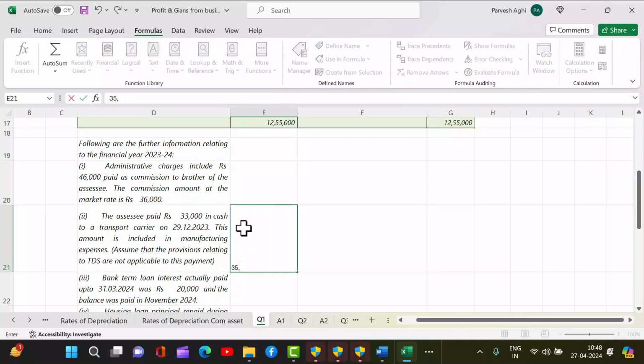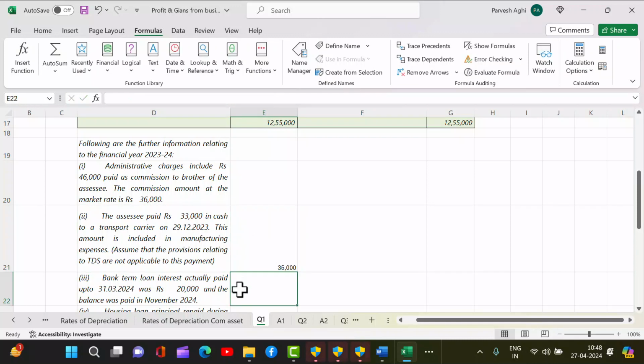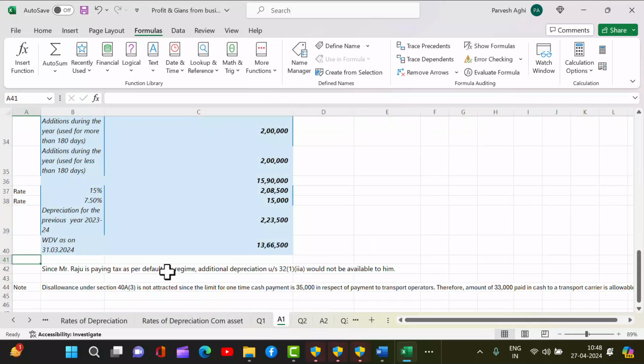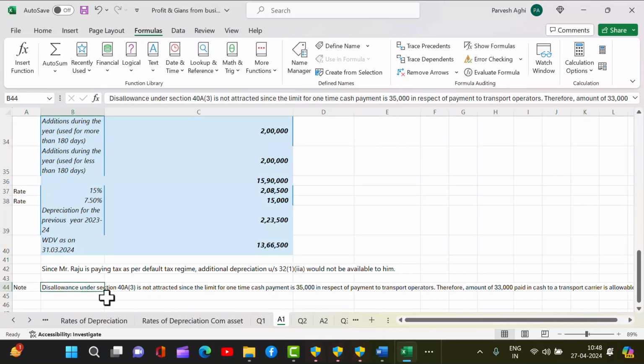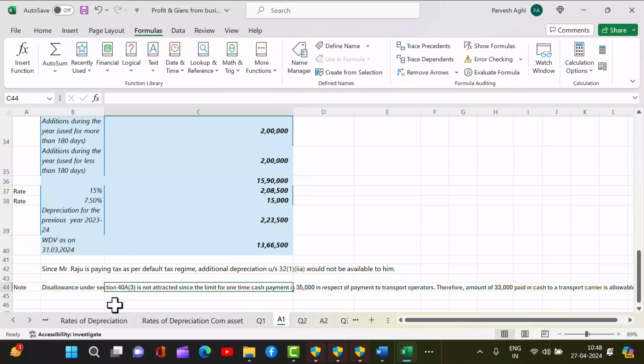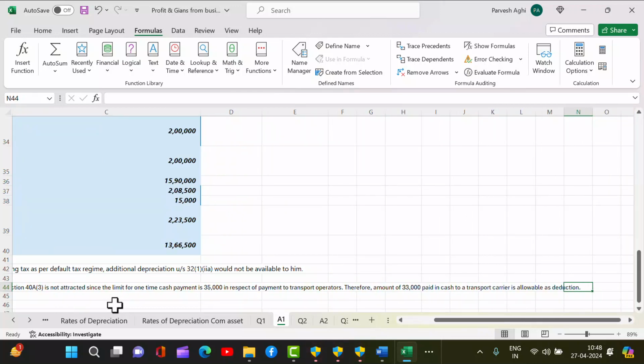Disallowance under Section 40A(3) is not attracted since the limit for one-time cash payment is 35,000 in respect of payment to a transport operator. Therefore, the amount paid in cash to Transport Courier is allowed.